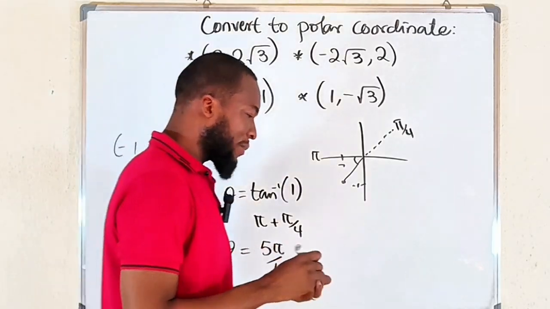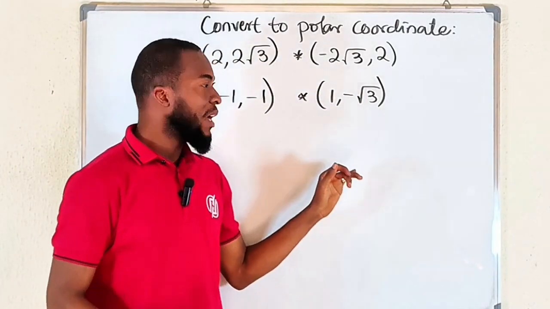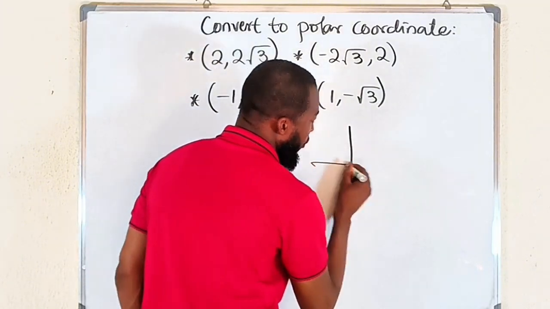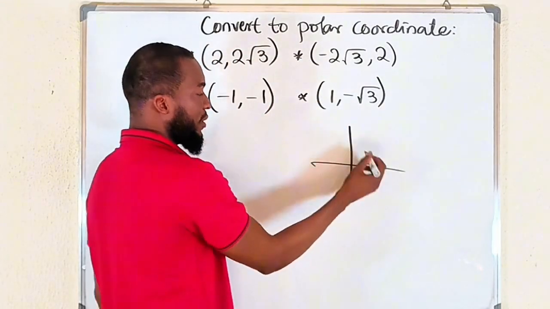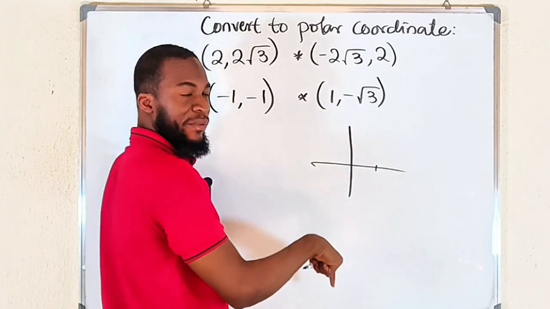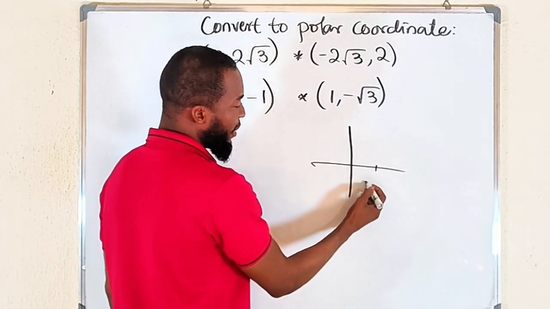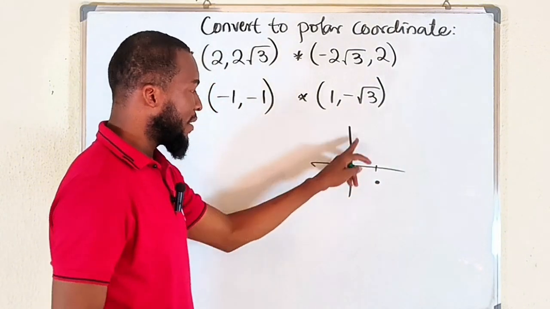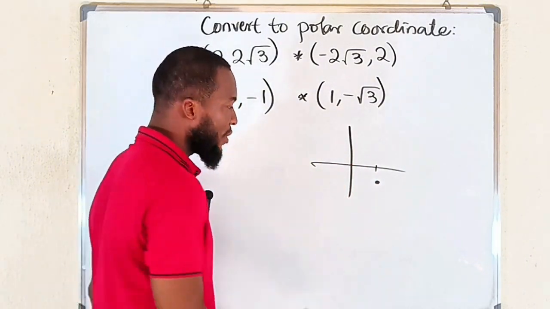And the last one, first of all, let us determine the position. You can see that x is positive 1, right? But this is negative root 3, assuming it is situated here. Because it is negative, so y will be negative down here.